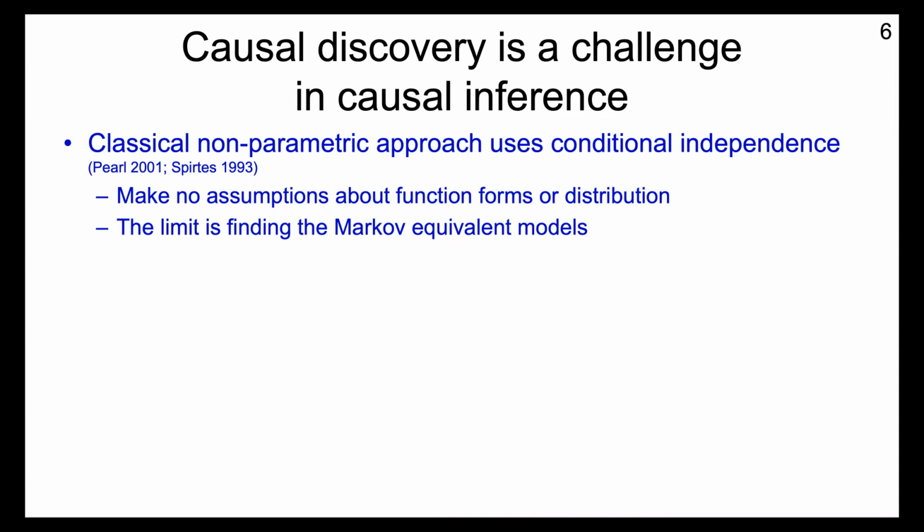It can only find a class of equivalent models called the Markov equivalence class. And in many cases, the causal direction cannot be inferred from data.